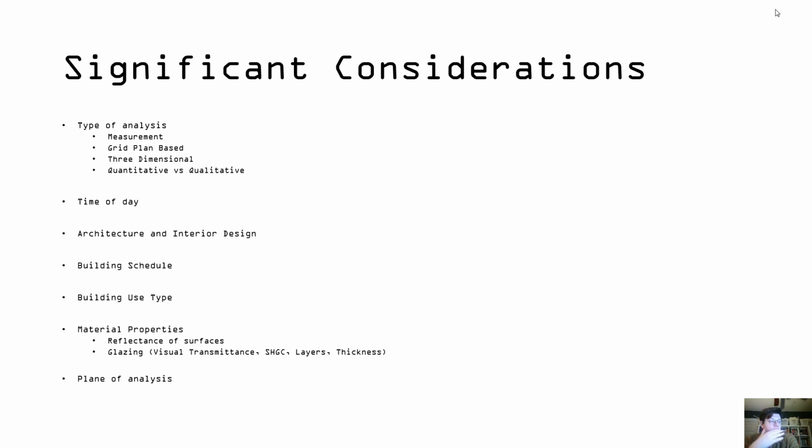And then there's also what's called the plane of analysis, because we can run an analysis, but then we have to determine at what height off the floor we are considering the analysis, right? So the standard, at least for LEED, for the Illuminating Engineering Society for Interior Spaces, is 34 inches off the floor plane, because that's considered a work surface.